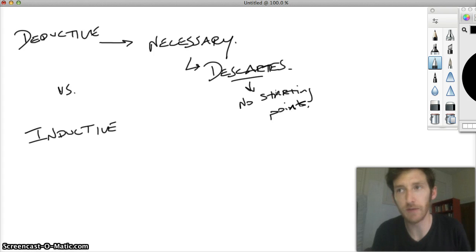Here's another kind of typical example of a deductive piece of reasoning. This is your classic philosophy example. So soon enough, we will talk about the ancient Greek philosopher Socrates. The example that I have in mind for a deductive kind of argument, somebody says, well, all men are mortal.